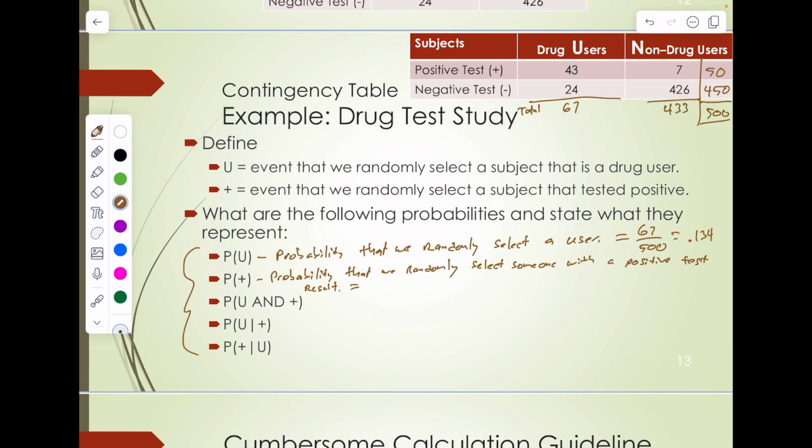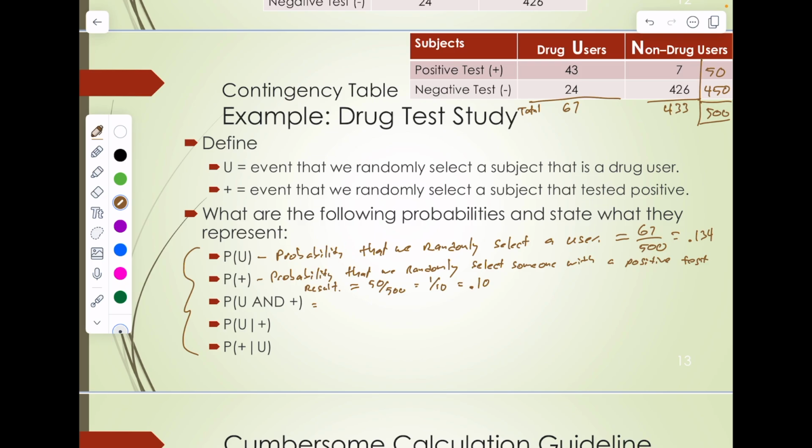So the probability of getting a positive test result is going to be 50 over 500, which is just going to equal 1/10, or 0.10, 10%.